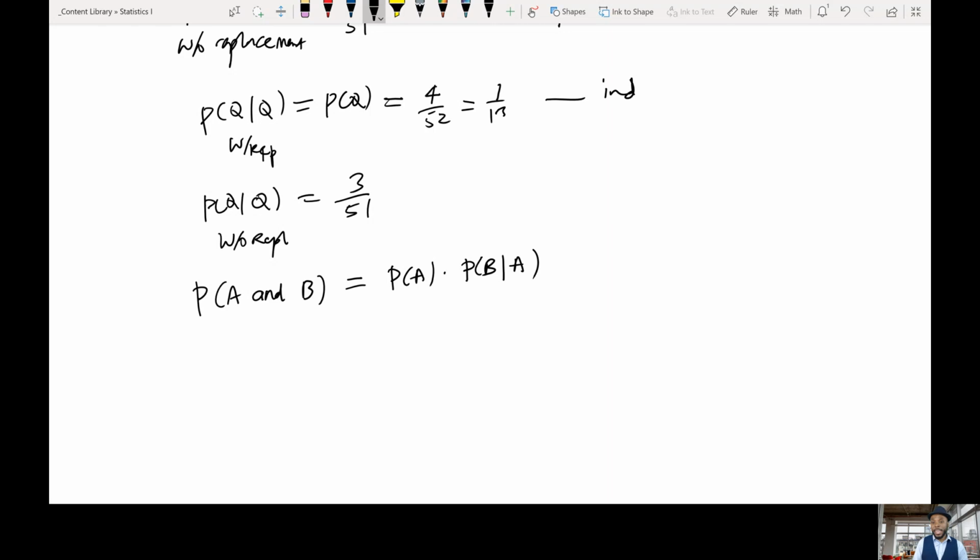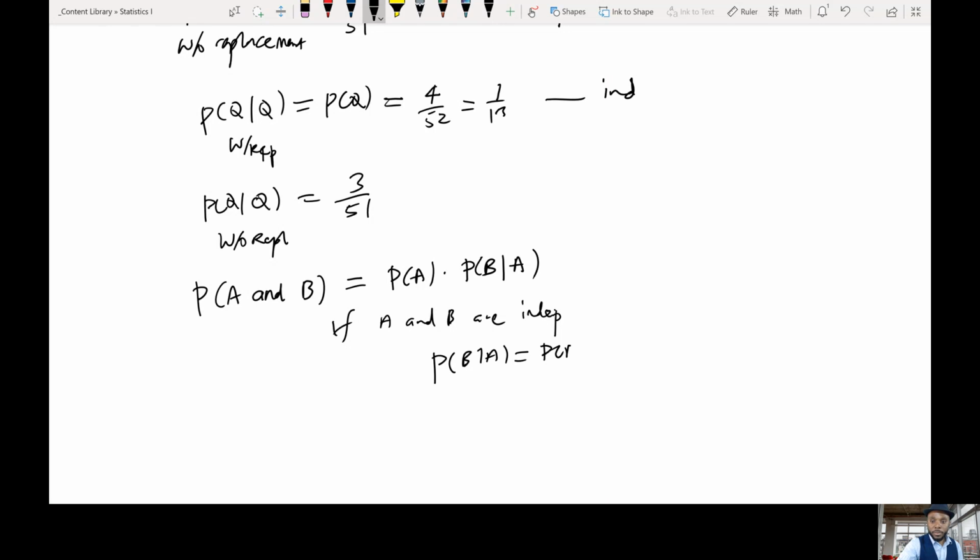Now, if A and B are independent, then it means that the probability of B given A is what?